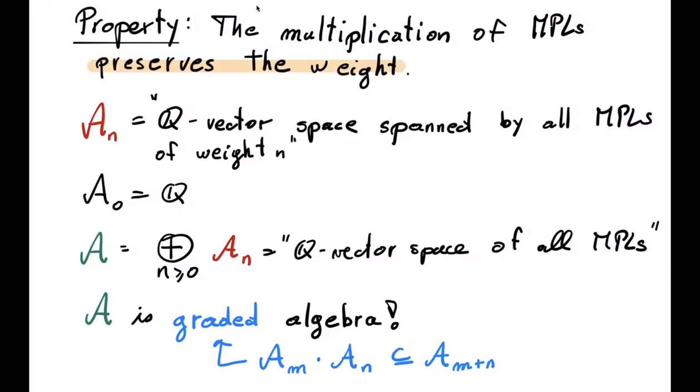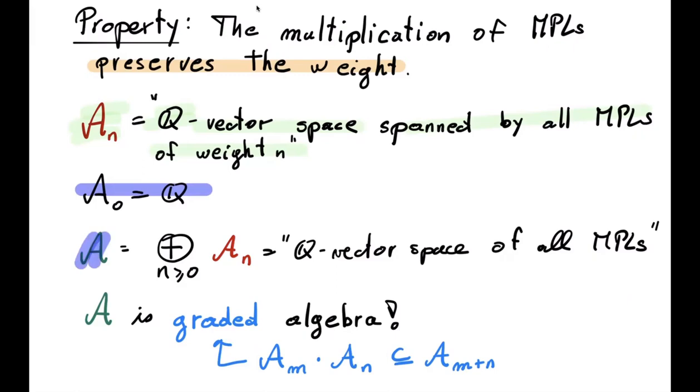Weight, we said, is the number of integrations, which in this analogy with decks of cards corresponds to the number of cards in the deck. And let me define the following thing. Let me define A_n to be a vector space, and I use as scalars the rational numbers, spanned by all polylogarithms of weight n. A_0, I will just say it's the rational numbers.